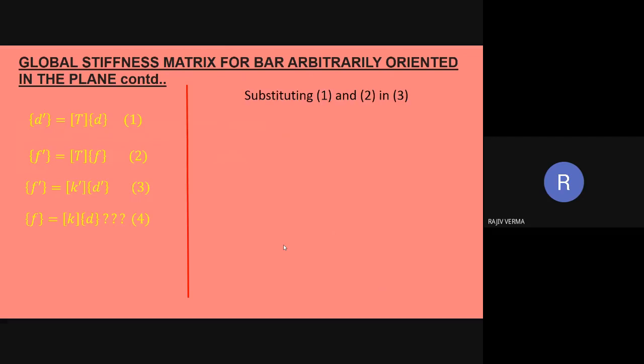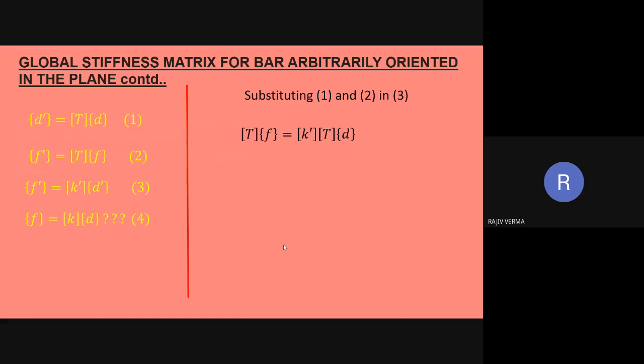We simply are going to substitute equation number 1 and equation number 2 in equation 3 to give the equation on display, and on the left hand side there happens to be a transformation matrix.